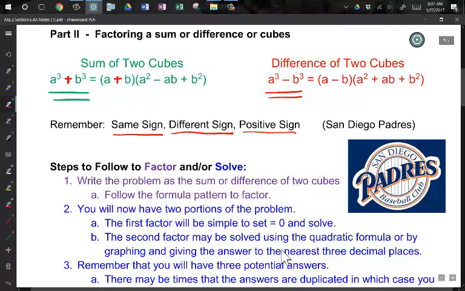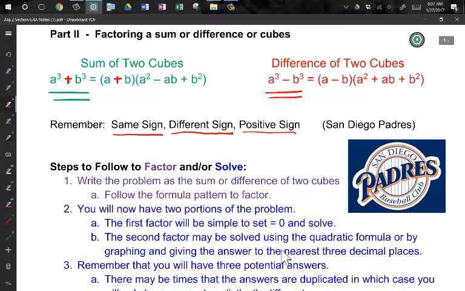And so that's just a pattern that we're going to need to memorize as the sum and difference of 2 cubes. If it helps you remember same sign, different sign, positive sign, do that. If it helps you remember the San Diego Padres, do that. But either way, you're going to need to memorize the sum and difference of cubes formulas.